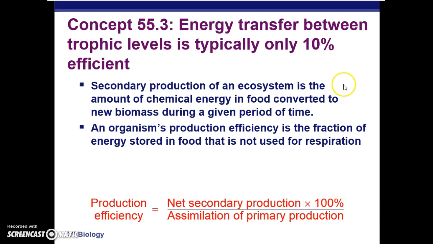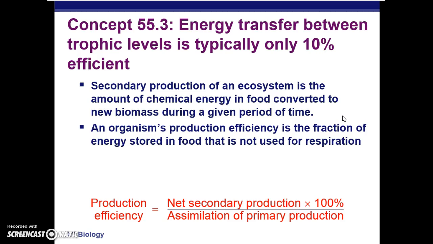So secondary production in an ecosystem is the amount of chemical energy that's been stored in the food available to the next level in the energy pyramid. And so again, the energy gets stored as new biomass. So an herbivore eats a plant, it increases its biomass.